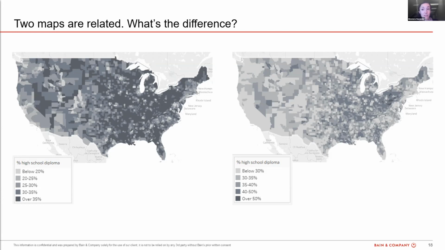The only thing that's different is the buckets. Doesn't it completely change the story? The most truthful way to present this information would be without bucketing. Just present the continuous variable as it is. Bucketing can really manipulate the data. And sometimes some media outlets can actually take advantage of that to tell a story that they want to tell.